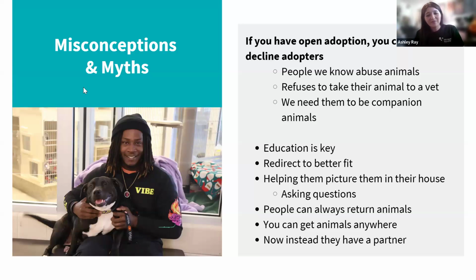And this is a little rough, but you can get animals anywhere, and you can get animals for free pretty easily. So I like to think the best of people when they come into Michigan Humane. They're potentially thinking about spending money on this animal. They're coming to a reputable organization. They are making the time of their day to come out here and check and see what we have, when they could go on Facebook Marketplace and find a free puppy.